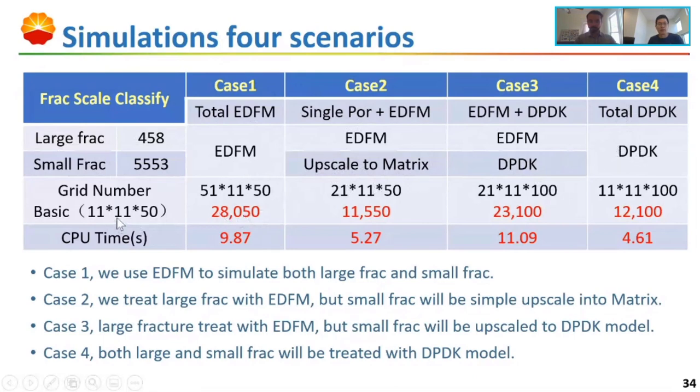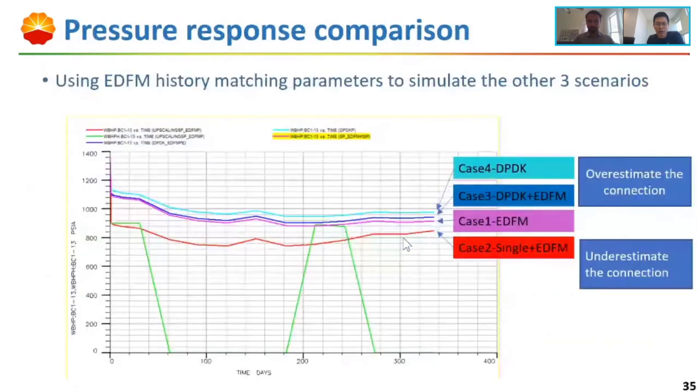Here you can see the grid number will be different for these 4 scenarios, and also the computational time will be different. So we use the EDFM history matching parameters to simulate the other 3 scenarios. Here, the purple one is the EDFM result, the pressure response. And here you can see the red one is case 2 single well with EDFM, and case 3 and case 4 are with DPDK.